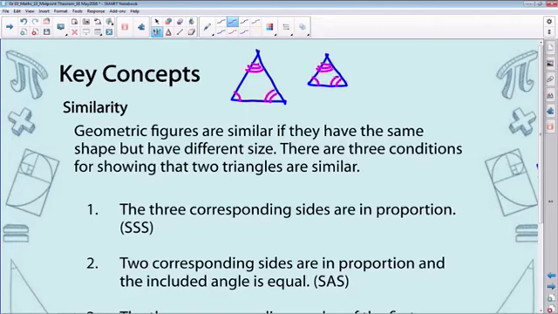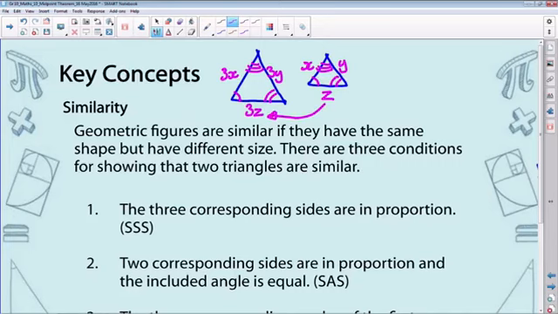But if this was x as a length, then this might be 3x. And if this is y as a length, then this might be 3y. And if this was z as a length, then this would be 3z. So they've been increased by the same factor. In other words, the same proportion every time.